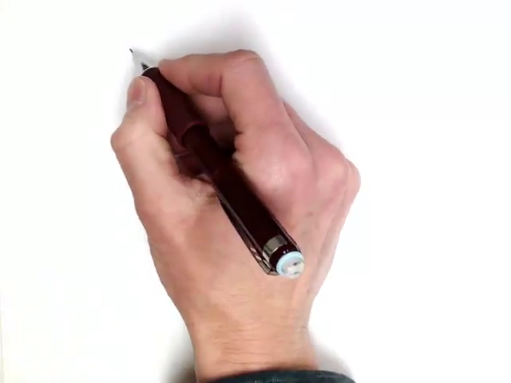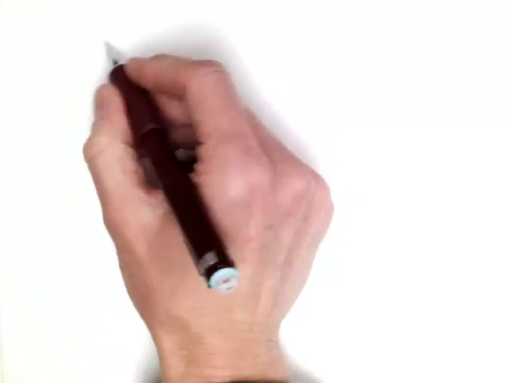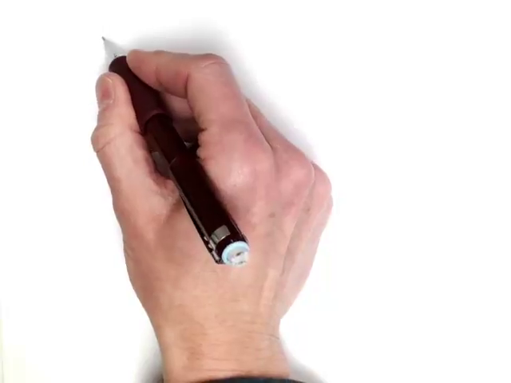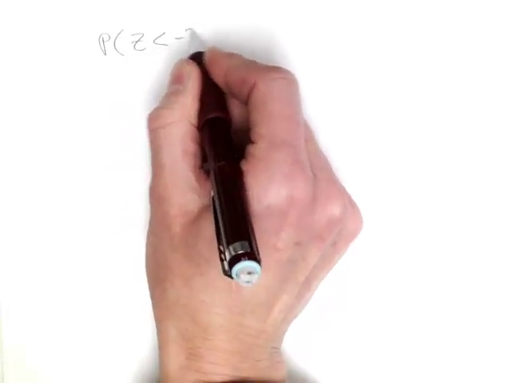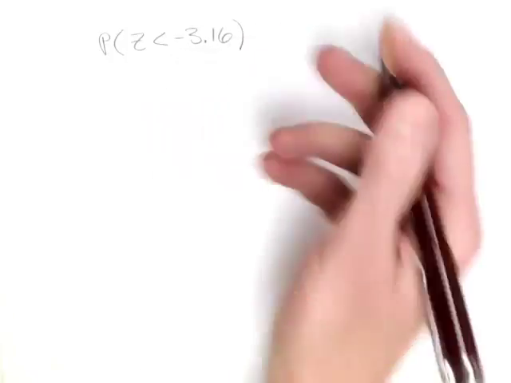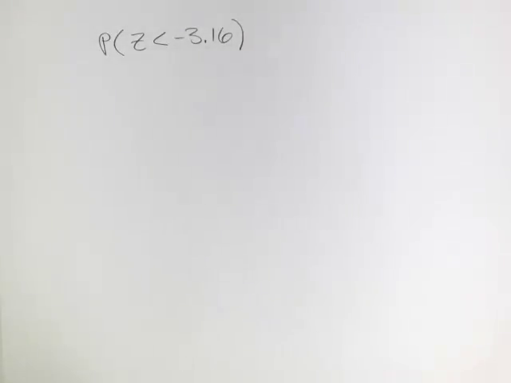is I want to sketch what's being asked. So what's being asked for this problem is I want to find the probability that z is less than negative 3.16. One thing to keep in mind is that anytime you're asking for an area, that is the identical question as a probability problem.